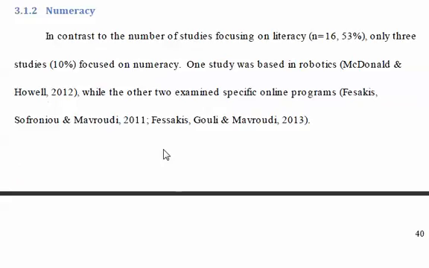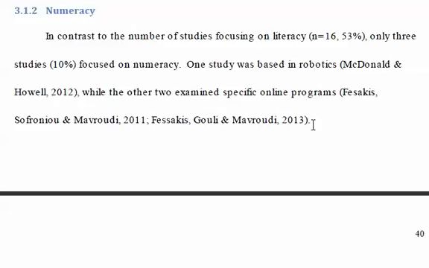Here's another variance here when there's a few studies to be discussed. So it's a way to introduce 2 or 3 studies. So it says here, this is focusing on numeracy. In contrast to the number of studies focusing on literacy, which is 16, only 3 studies focused on numeracy. 1 study was based on robotics, while the other 2 examined specific online learning programs.